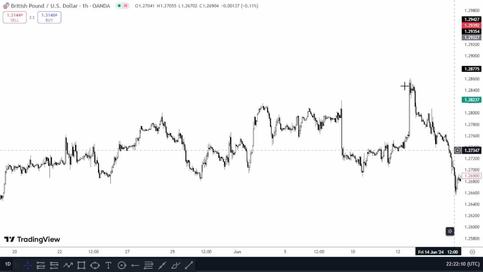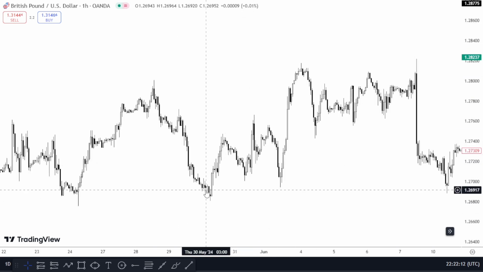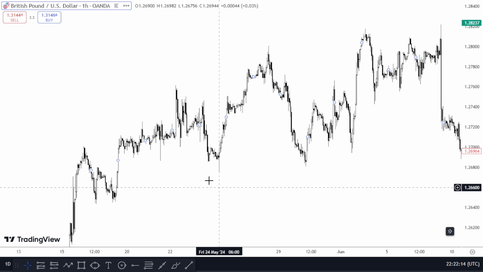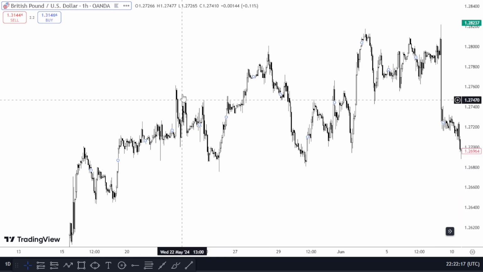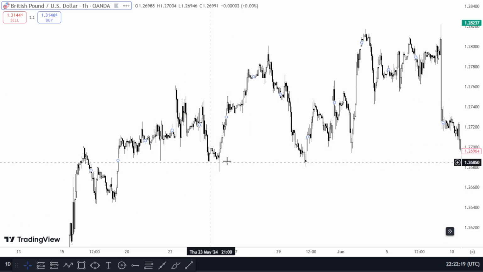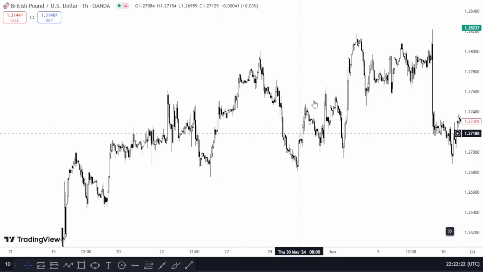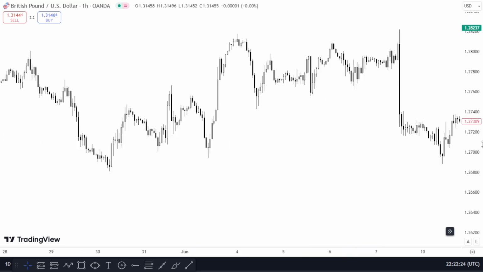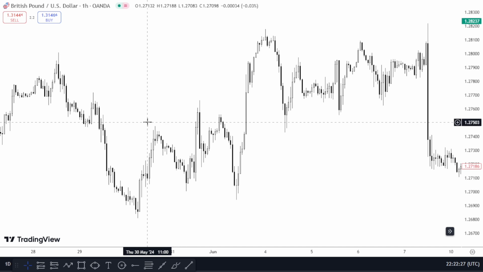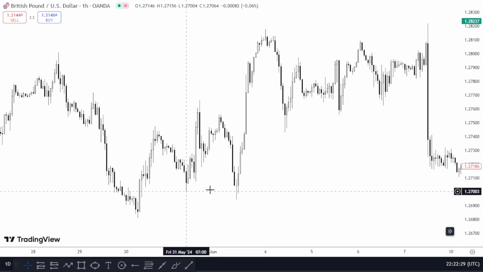Right here, you can see that this market, we have a sweep of liquidity and then it came back, tapped in, and you know that this market is going higher. But it created a high and came back. We have a sweep of liquidity right here.